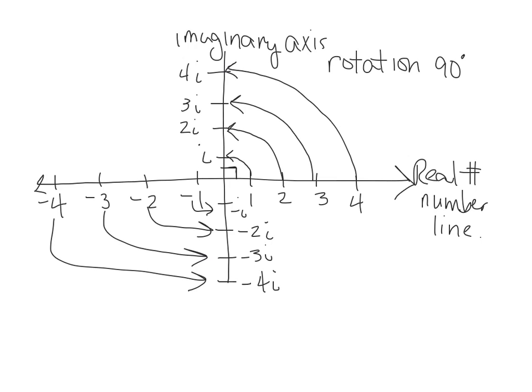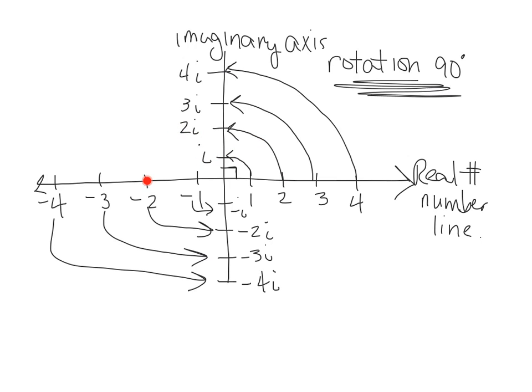When I want to rotate something 90 degrees, it rotates into the imaginary axis line. So if we go to the point 1, if I rotated it 90 degrees, it rotates into the imaginary axis I. So 1, 90 degrees rotates to I. 2 rotates to 2I.